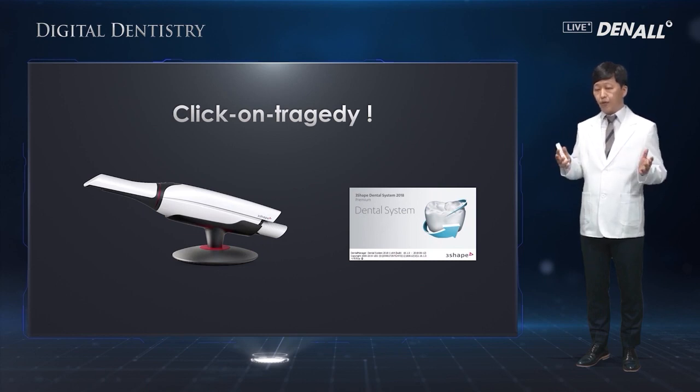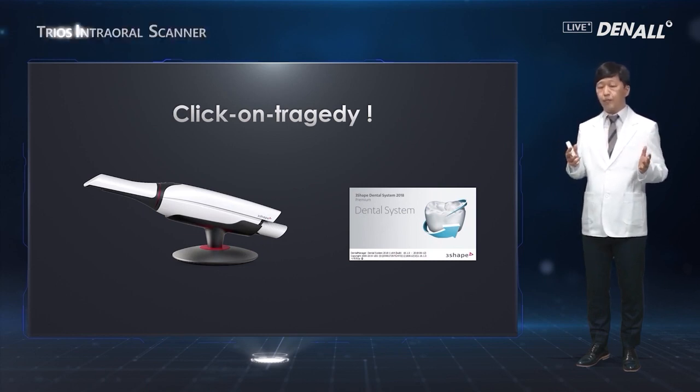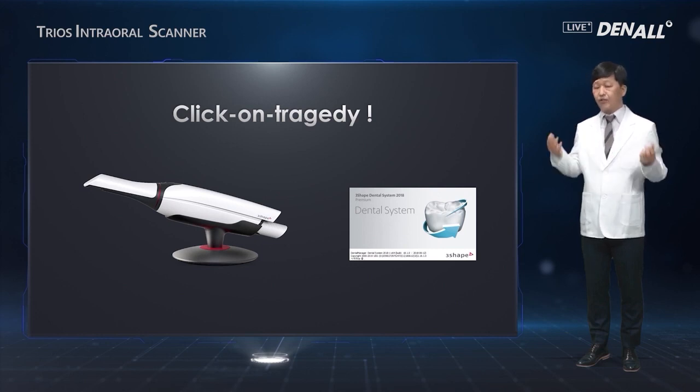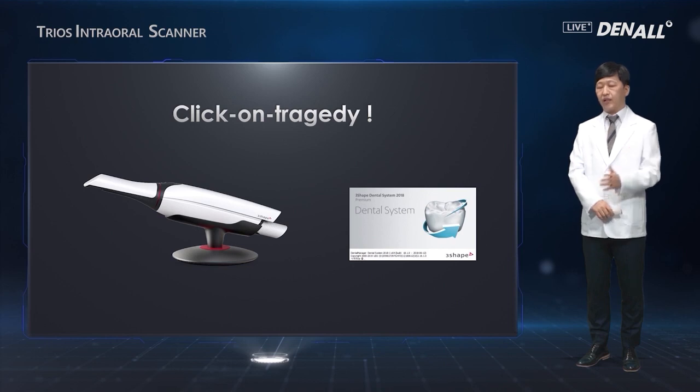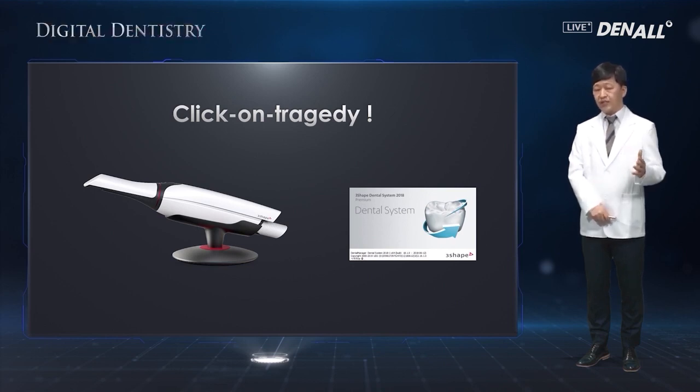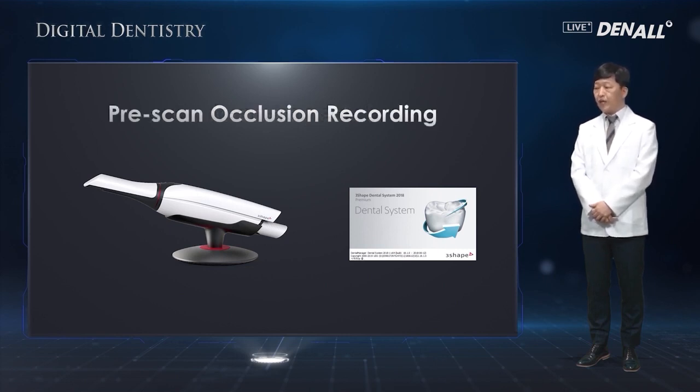Especially when you are a beginner embarking on a digital workflow, it's very important, because digital work takes a lot of time. If the data disappears, it is a tragedy. I want to emphasize that this is the biggest advantage of using the Trios system and the dental system.